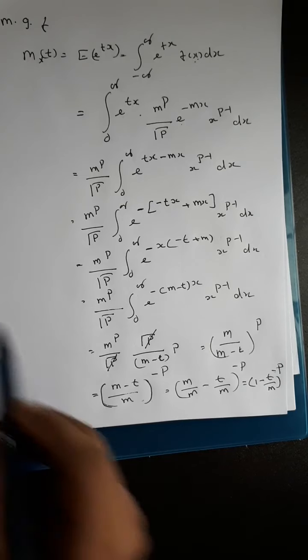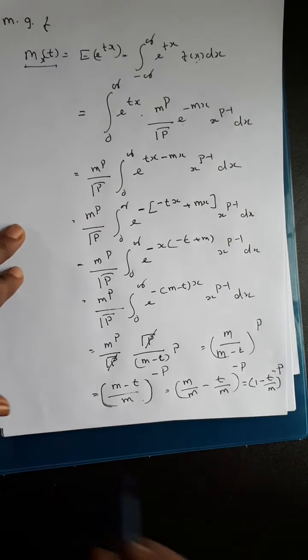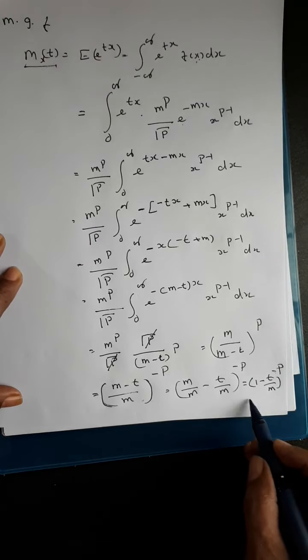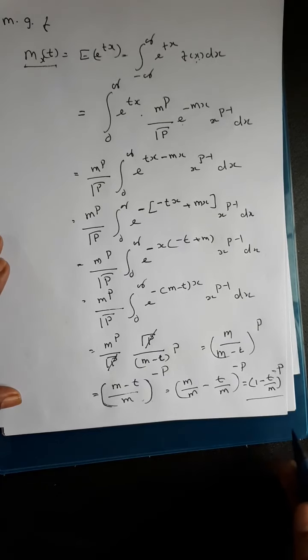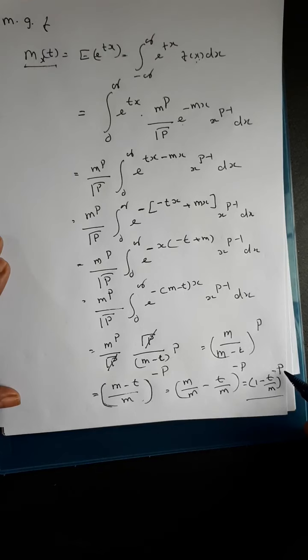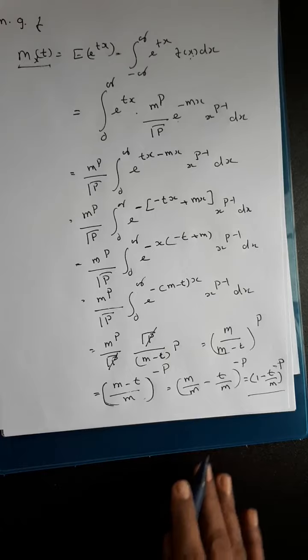Therefore, the moment generating function of a gamma random variable is 1 minus t by m raised to minus p, where m and p are the parameters of the distribution.